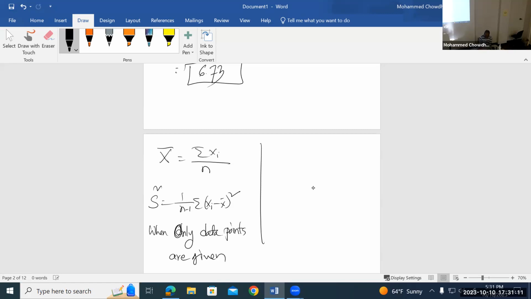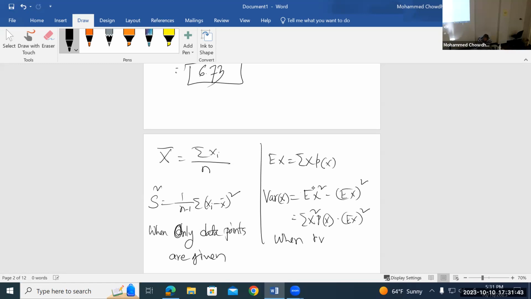Okay, this is the formula for the mean. And this is the formula for the variance.